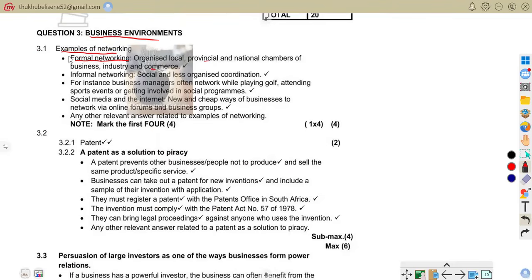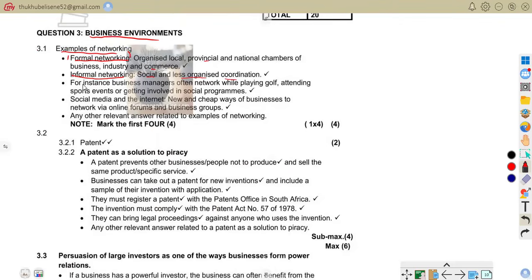That's formal networking. Also, we have informal networking. As it says, social and less organized coordination. Here we're talking about casual and less structured social interaction that builds business relationships. For example, entrepreneurs discussing business opportunities at a social event.